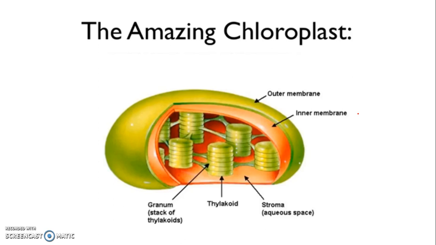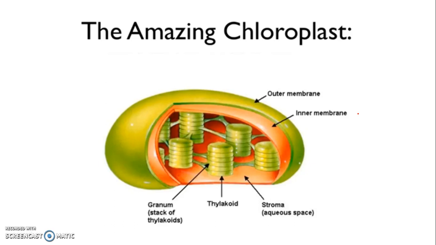Inside the chloroplast is an aqueous, fluid-like space called the stroma, where the Calvin cycle takes place. And there are small sac-like structures called thylakoids. These thylakoids are stacked on each other, and the whole stack is called a granum. This was the structure of the chloroplast.